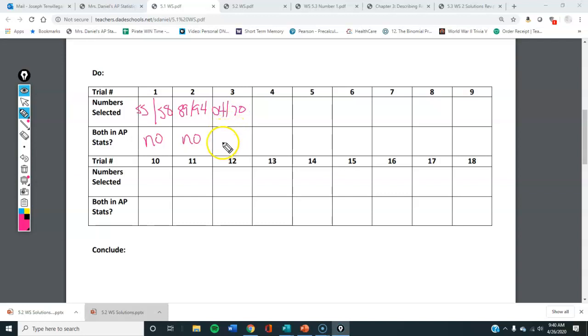One's in Stats, but not both. So no. Next time I got 10, 98, and 43. Why did I do 3 drawings? Well, 98's not within our range, so we skip it. We have one, but not the other. All right, and I did so for a long time.